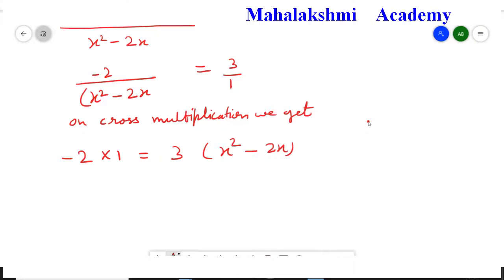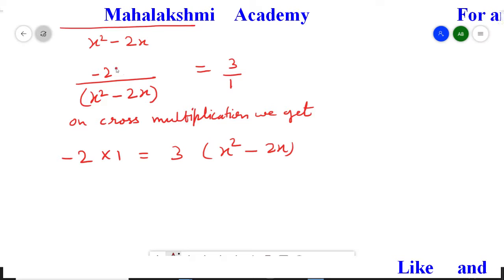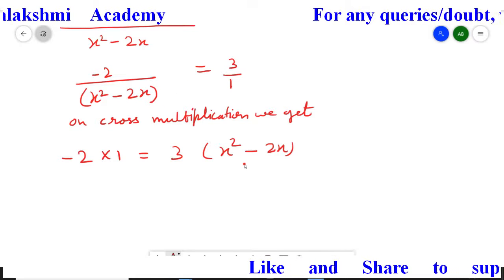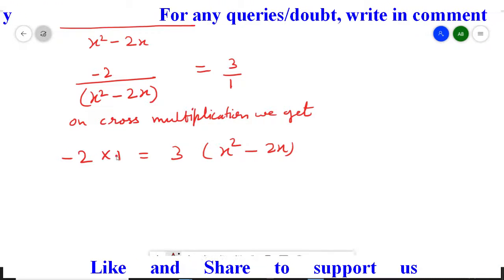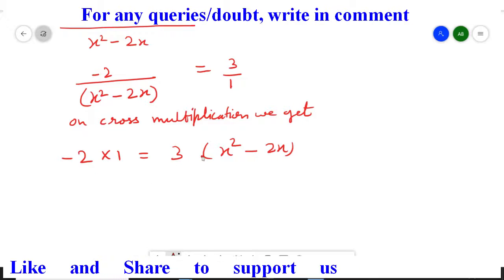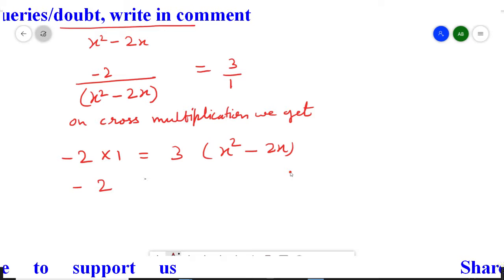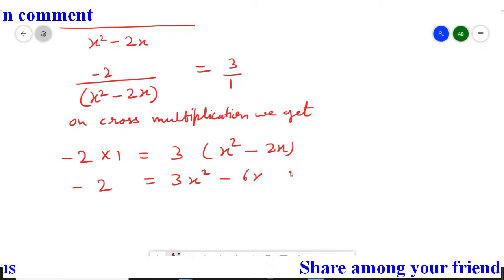So here just put the bracket. In cross multiplication, you already know, we have to cross multiply, so minus 2 multiplied by 1 and 3 multiplied by this bracket. Now we open this bracket again, and here minus 2 multiplied by 1 is minus 2 only, and here I am going to open the bracket. So we will get minus 2 is equal to 3x square minus 6x.